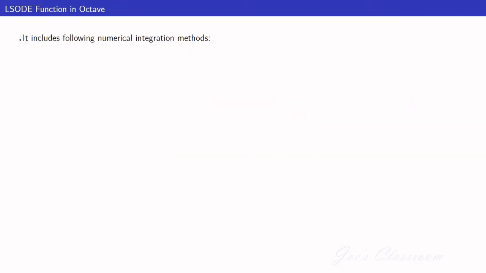So let us take the lsode function first. Basically, lsode is a package which contains many numerical algorithms. It has got numerical integration algorithms, and it has got some predictor corrector algorithms also.